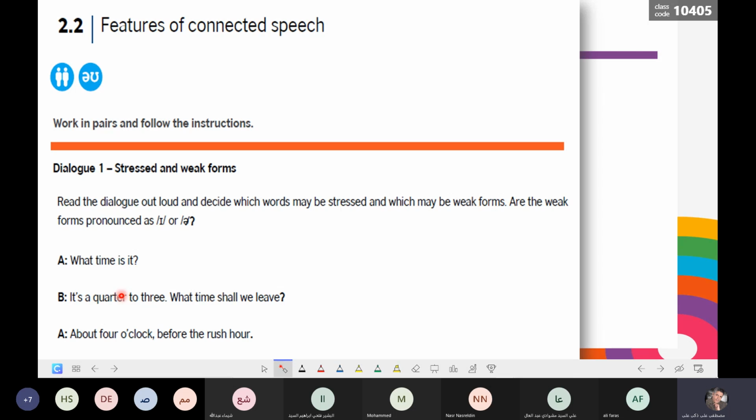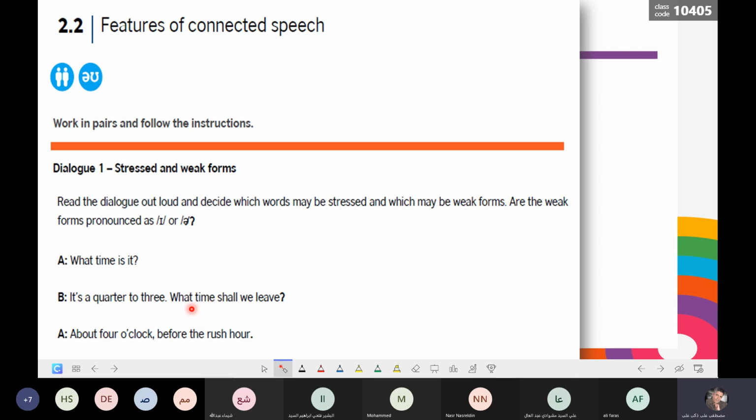And the word to is long O. When we pronounce the word to, we say to, it's long O, long U. But when we have it in a weak form, we say t. It's a quarter to 3, t to 3, t to 3. It's not, it's a quarter to 3. We don't make it strong or emphasized. Okay?